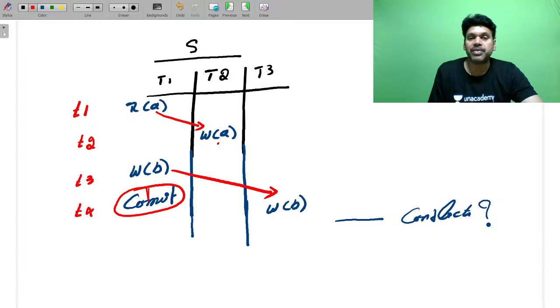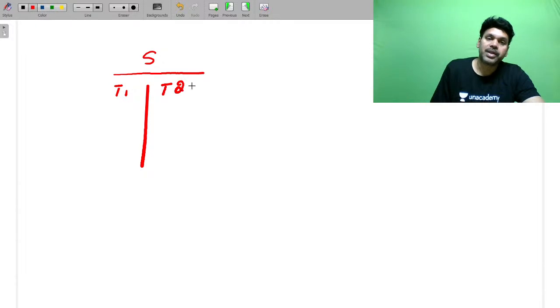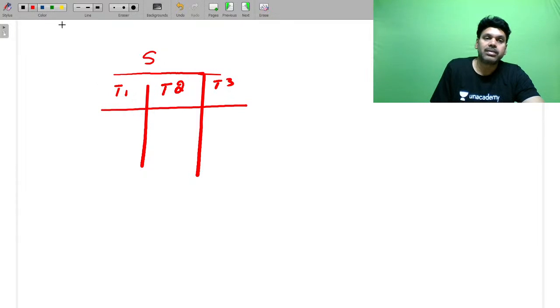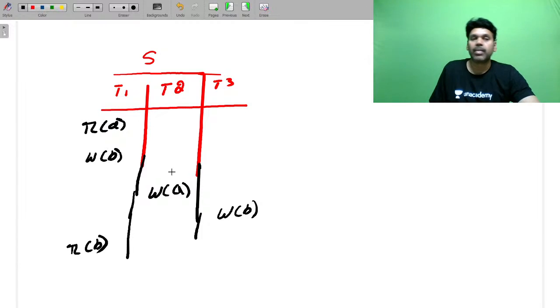And another example, if you look at, there is the schedule S which is having T1, T2 and T3. So they are having different kinds of actions like R of A, W of B and W of A and W of B and R of B. So we want to identify different conflicts here.